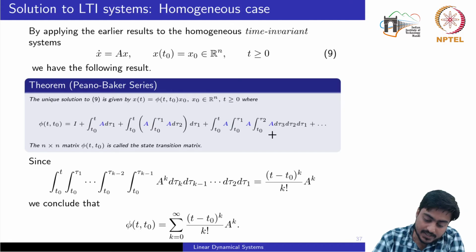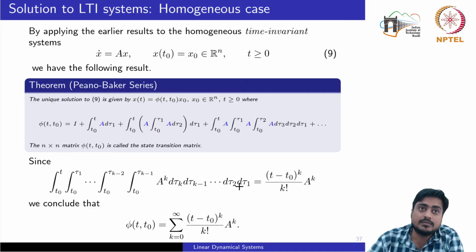Similarly, if we see the third element, it is from t naught to tau 2. So this is the k minus 1th part. In the third element we have A to the power 3, so for the kth element I would have A to the power k, and similarly all these d tau k minus 1 up to d tau 1.